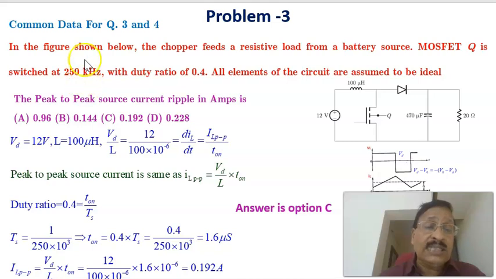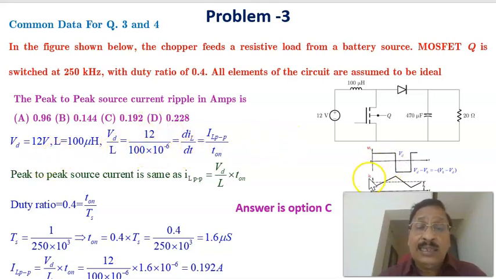Therefore, Ts equals 1 by 250, and the on period is given by the duty ratio 0.4 into Ts, which equals 1.6 microseconds. Input voltage equals 12, and inductance is 100 microhenry.